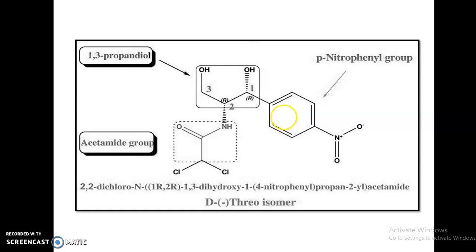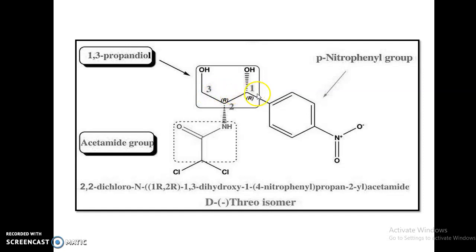Now the second part of the structure is an acetamide group, and there is the presence of a dichloro group. The third part of the structure is 1,3-propanediol. This is the one position, this is the third position, and this is propane.